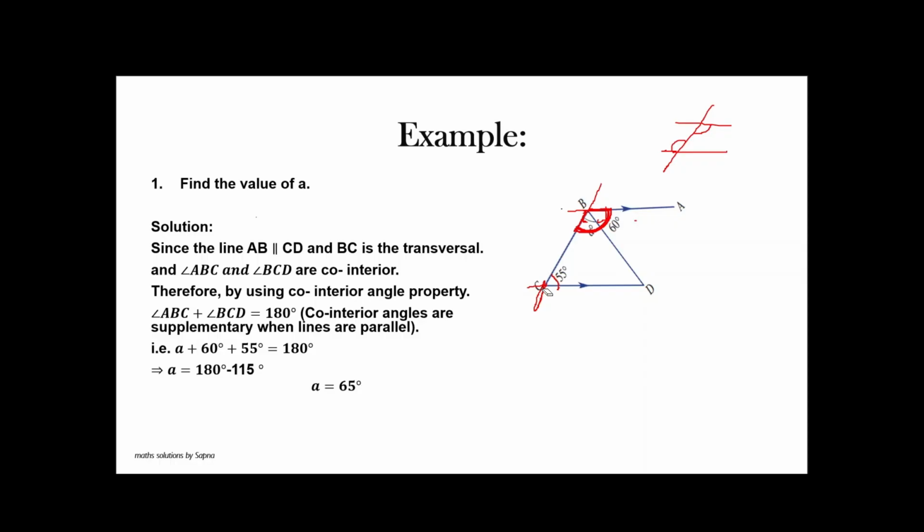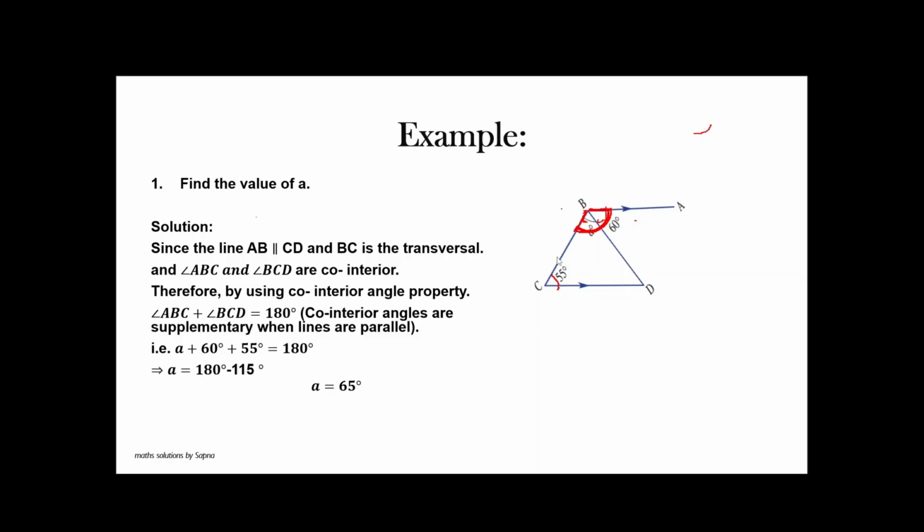Co-interior means angles which are between the lines, inside the lines, and on the same side of the transversal. If you look at it carefully, A plus 60 and 55 degrees are both on the same side of the transversal.